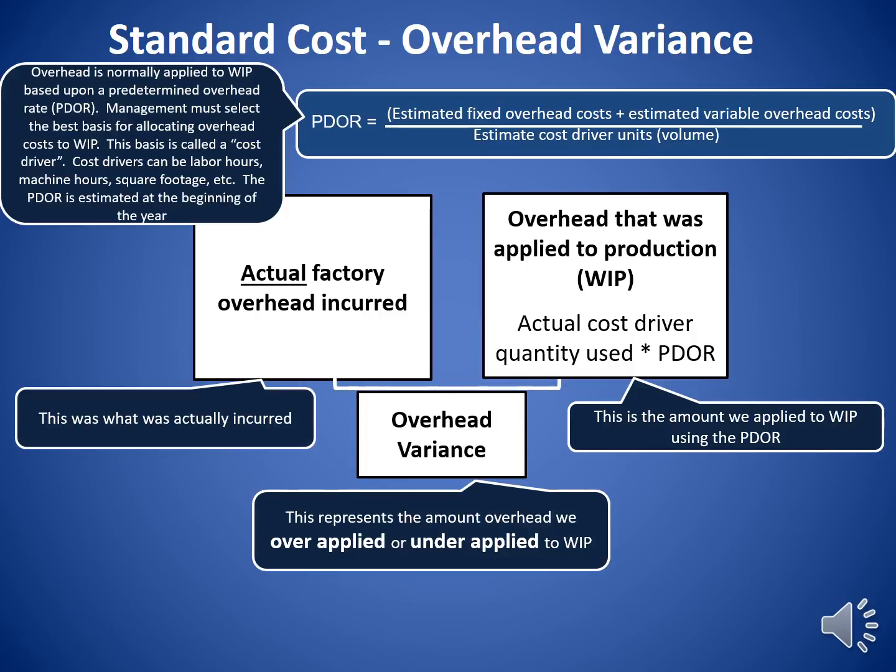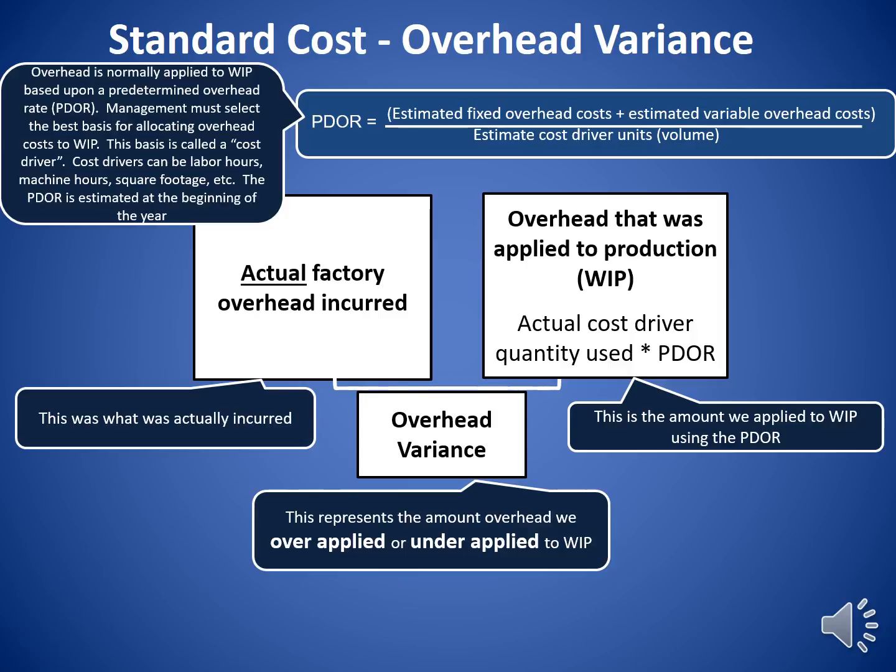Now, if we take a look at the actual overhead incurred, what we can see is we basically have a fairly simple way of calculating an overall overhead variance. On the left-hand side represents the actual factory overhead incurred, and remember that we don't know what the actual is until we actually complete the entire year. So the actual factory overhead incurred, we compare that to the overhead that was applied to production.